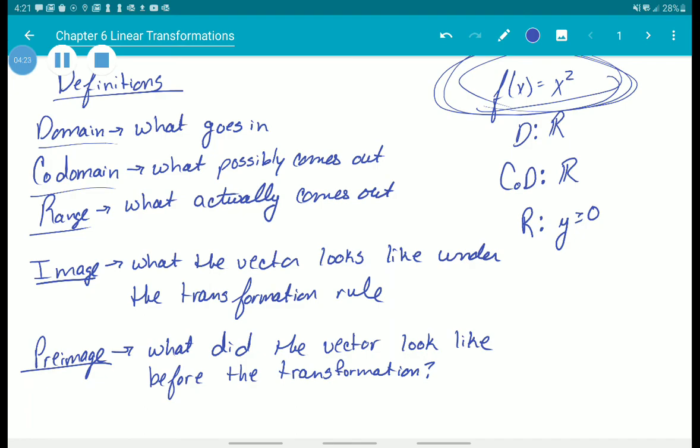We may only get a small subset of R3 out. So that codomain is, in a sense, what could possibly come out of this, but the range is what actually comes out of that, and that's what's going to give us that mapping back and forth.